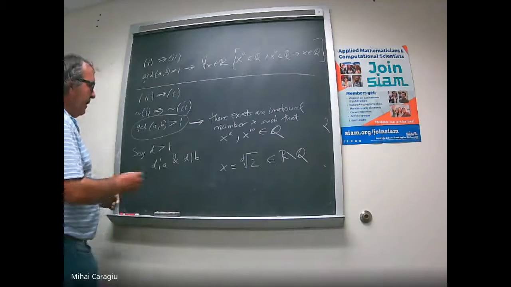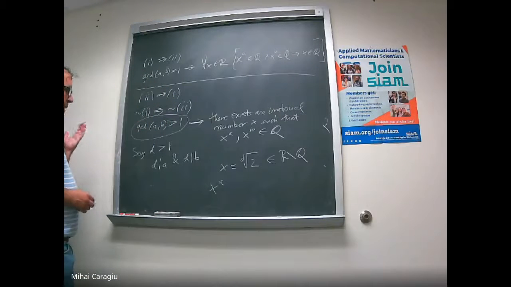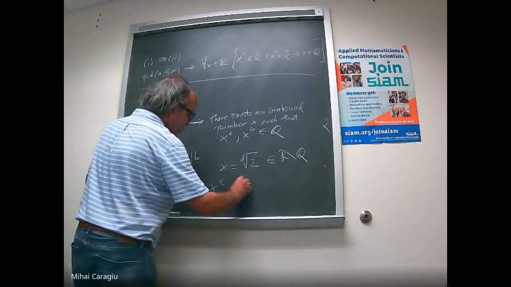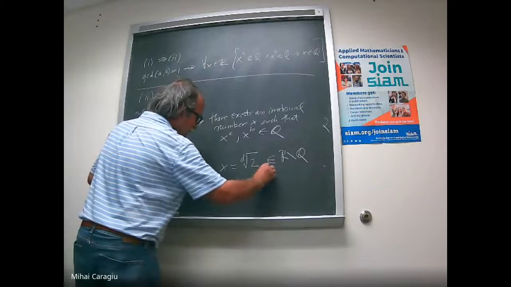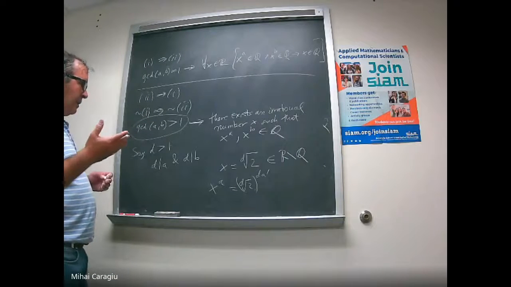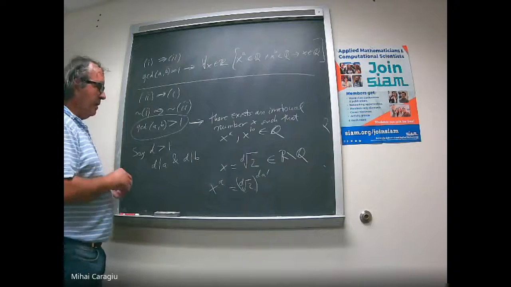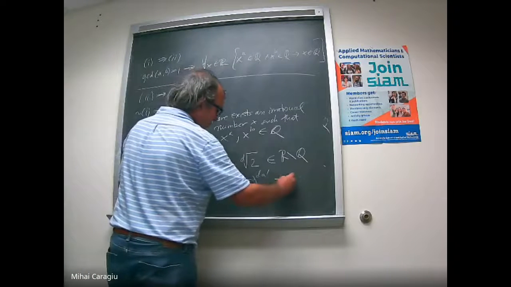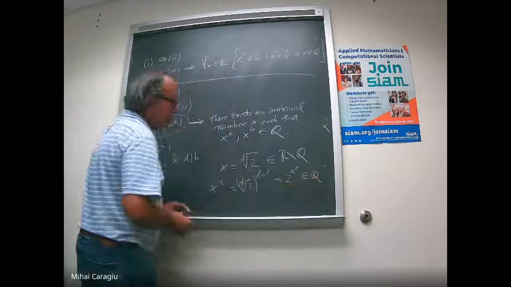But x to the power a, because a is a multiple of d, is the d-th root of 2 to the power d a prime, because a being a multiple of d can be written as a equals d times a prime, where a prime is some integer. And this will be 2 to the power a prime, which is a rational number.